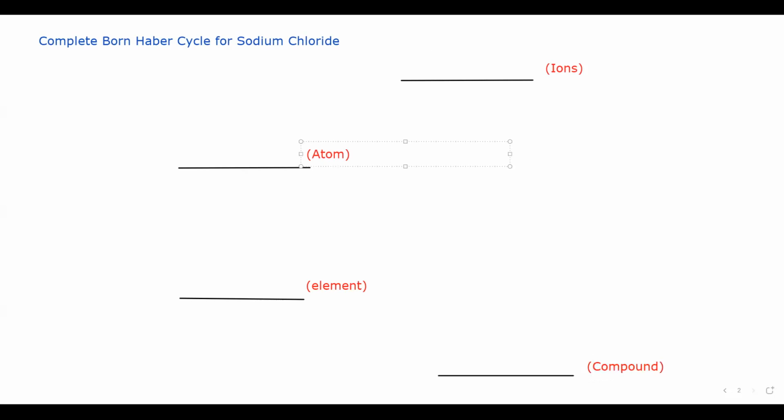Now, because we want to write for sodium chloride, which is NaCl, what compound do we need? We need NaCl in a solid state. What are the elements reacting here? To form sodium chloride, the sodium element will be there in a solid state, and chlorine, which is a gas.